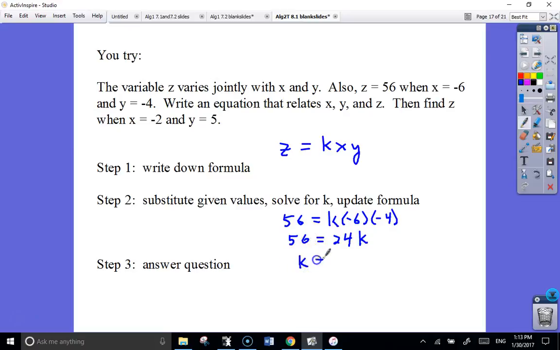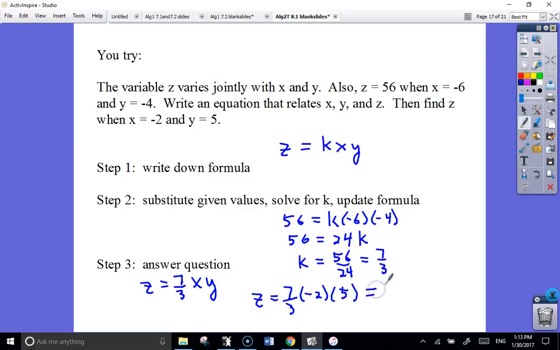So K equals 56 over 24, which is 7/3. So here's the updated variation. Z equals 7/3 times XY. Answer the question. Find Z when X is negative 2 and Y is 5. Negative 70 over 3.